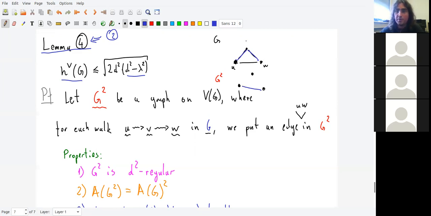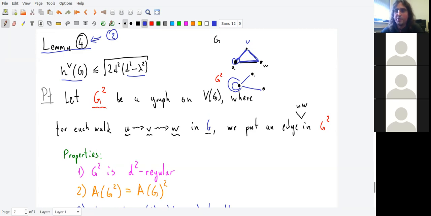Then U will also be adjacent to V because I've got a walk like that. But also from U, I can walk to W and back. This is one walk that contributes to a loop at U. And I can go to V and back, and this will be another walk of length 2, another loop at U.